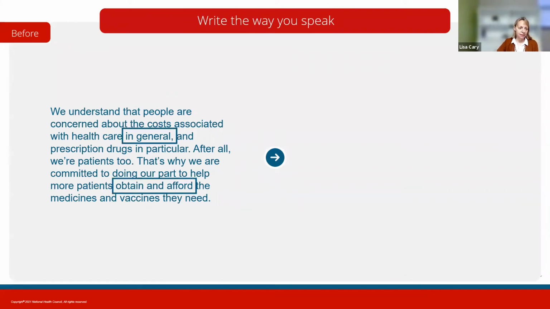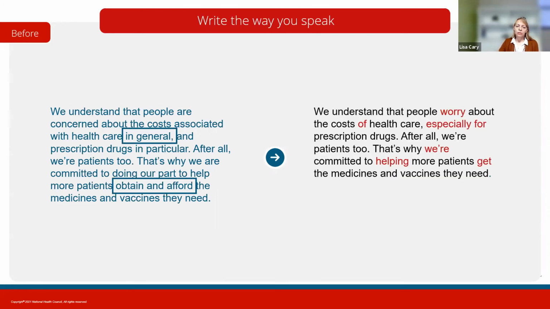Instead, and here are words that you wouldn't use in normal conversation with people, just changing it to, we understand that people worry about the costs of healthcare, especially for prescription drugs. We're patients too. We're committed to helping more patients get the medicines and vaccines they need. So it's just much more simple.